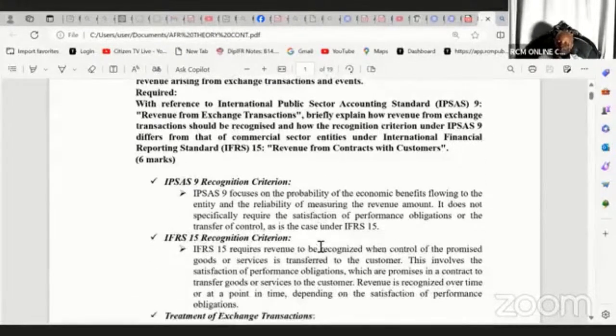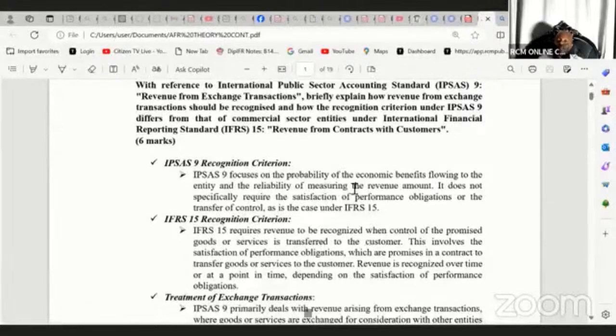IPSAS 9 focuses on the probability of the economic benefits flowing to the entity and the reliability of measuring the revenue amount. It does not specifically require the satisfaction of performance obligations or the transfer of control, as is in the case of IFRS 15.